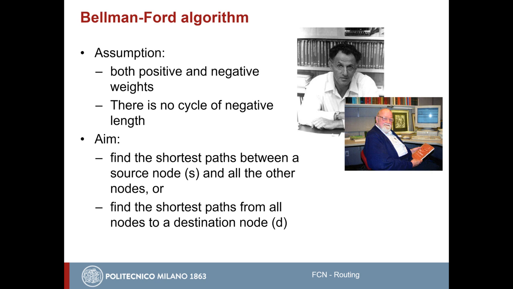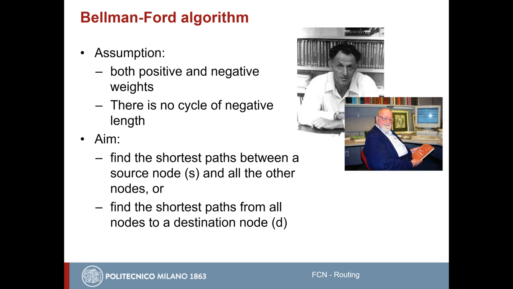Otherwise, if you have a cycle of negative length, and the source and destination are on the cycle, the shortest path would be to indefinitely loop the cycle, because each time you make a loop, your cost decreases. So under these two broad conditions, we can always find the shortest path with the Bellman-Ford algorithm between a source node and the destination.